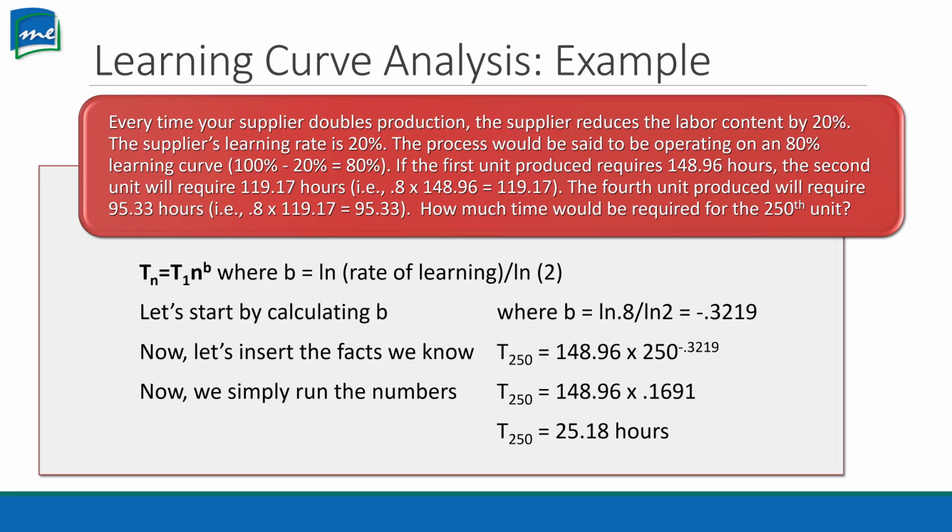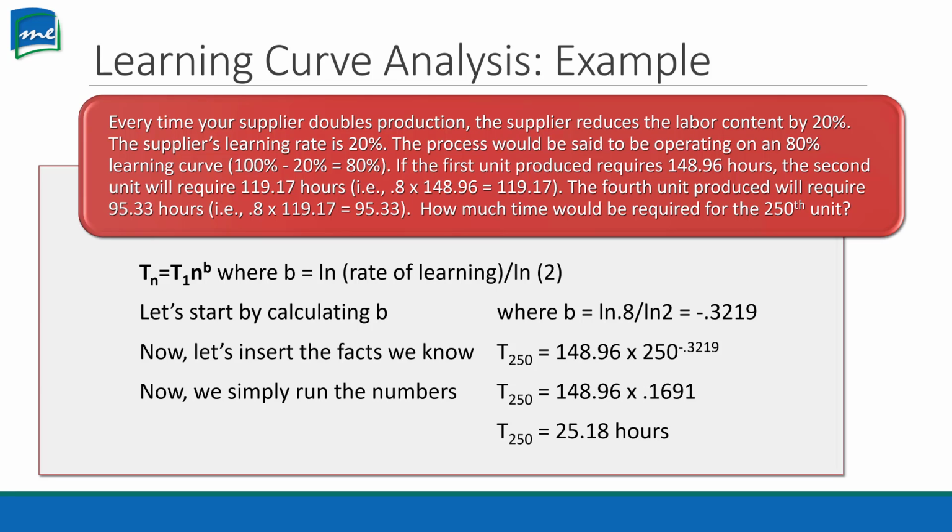We take that to the power of b, which we came up with, a negative 0.3219. So let's get rid of that power. It's going to come out to 0.1691. We're going to multiply that by 148.96, which is going to give us our final answer of 25.18 hours.